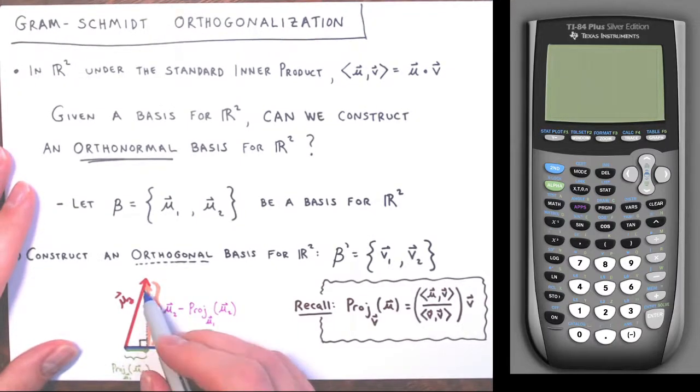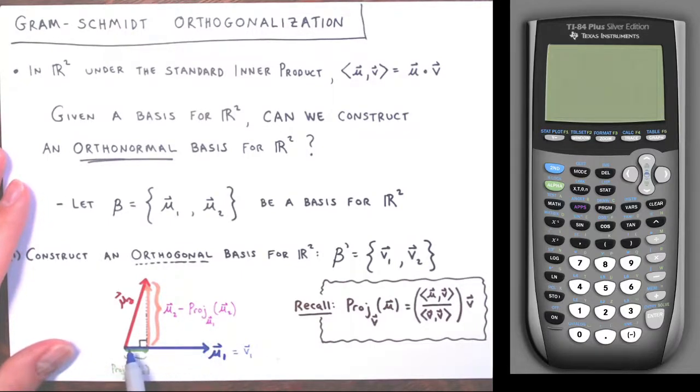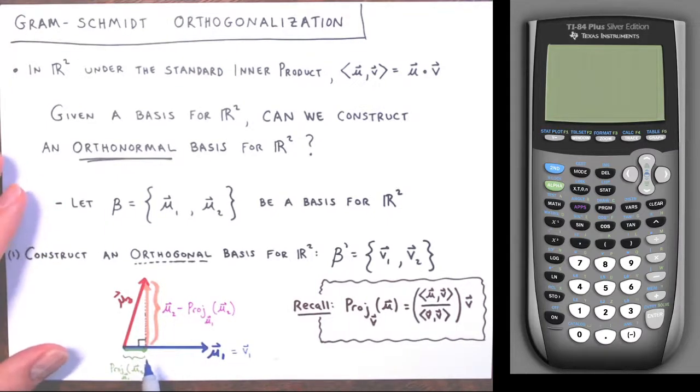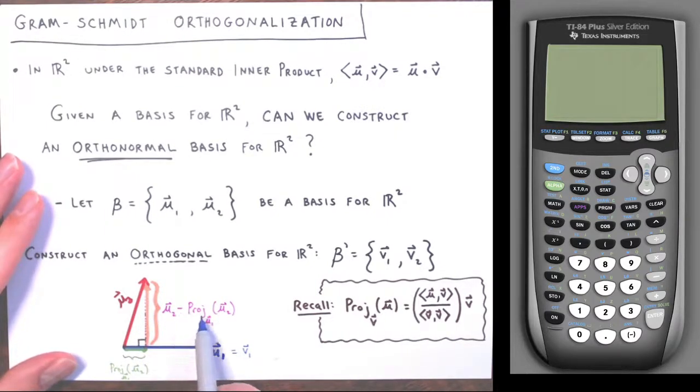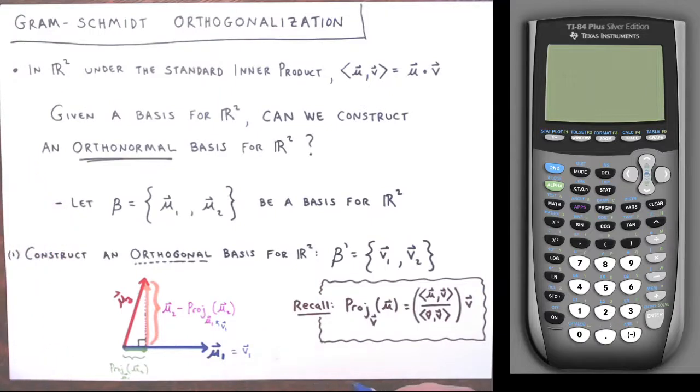And if I drew a vector from the end of the projection vector to the end of u2, going up, that vector is orthogonal, forming a 90-degree angle with u1. That vector is simply u2 minus the projection of u2 onto u1, or u2 onto v1, remember, because I called u1 v1 as well.